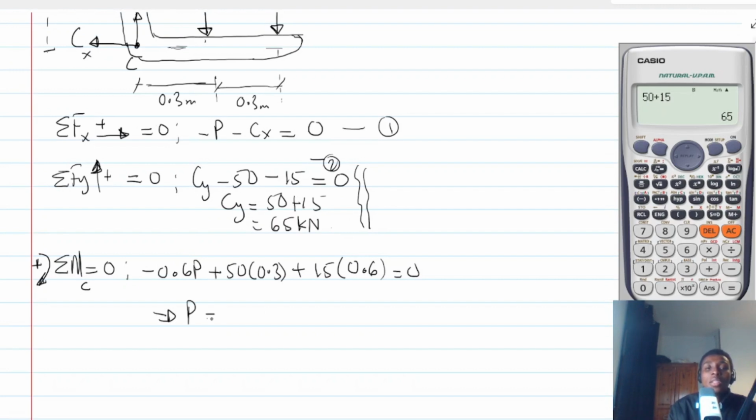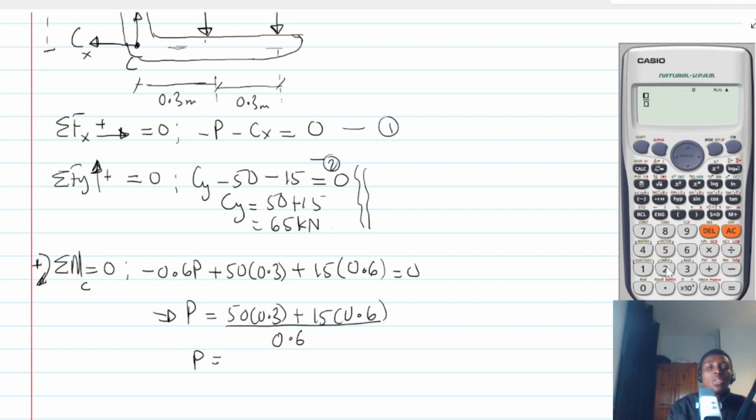Solving for P, what do we have? P is nothing but, so this is negative, so we just move it here to become positive. So 50 multiplied by 0.3, 15 multiplied by 0.6, then we just divide by what? 0.6. So what then is P?